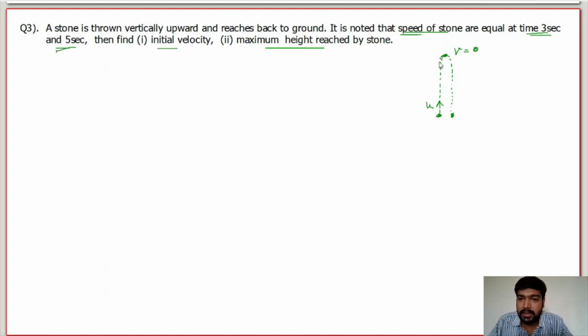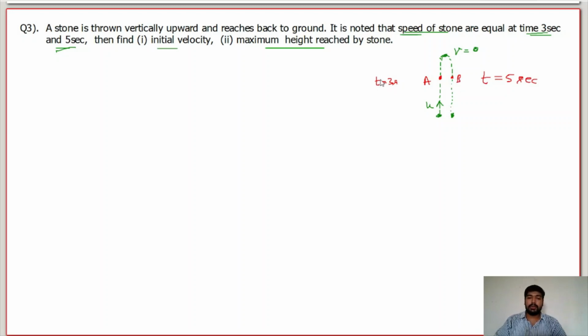Let's consider that the body is here at time 3 seconds. Let's say this is the point A, and this is the point B when the body is at time 5 seconds.